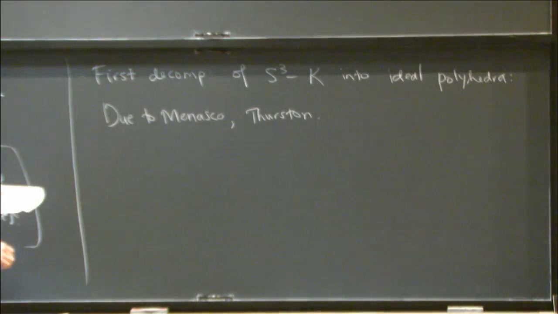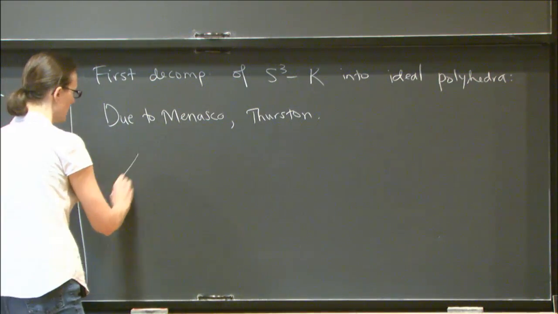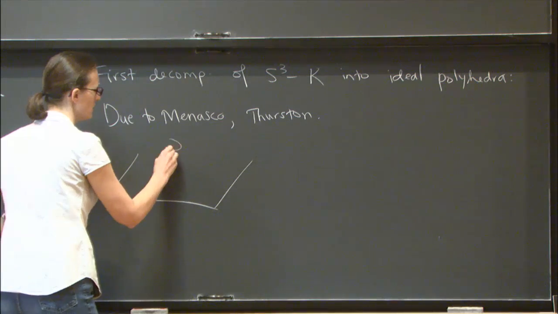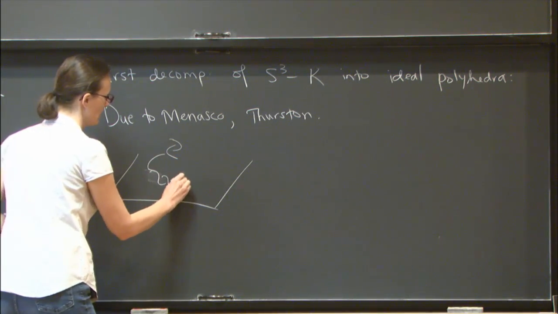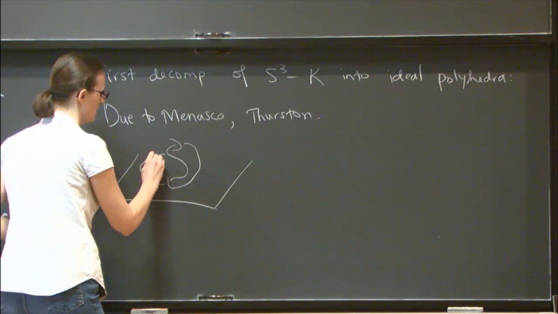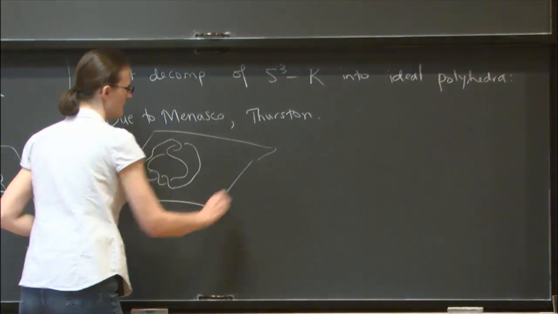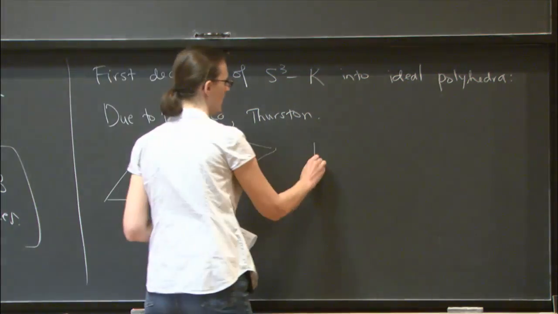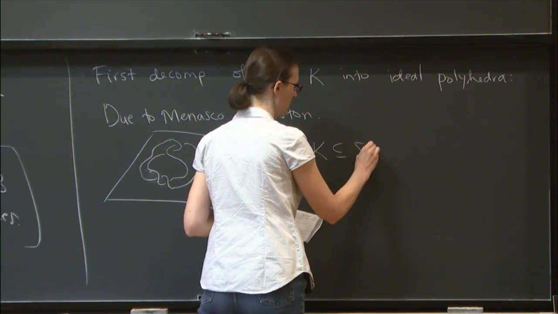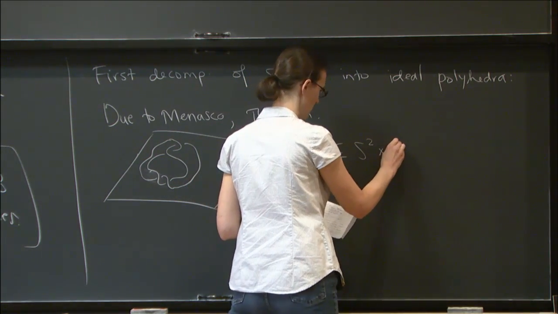So what Menasco does is you view your knot or your link as sitting on, let me draw a knot. Okay, so here's a knot sitting on a projection plane. K is going to be sitting on some S2.